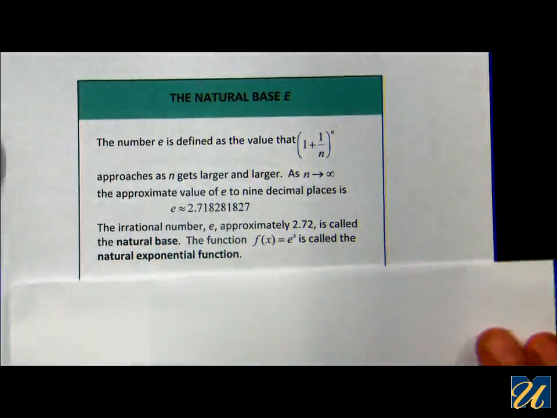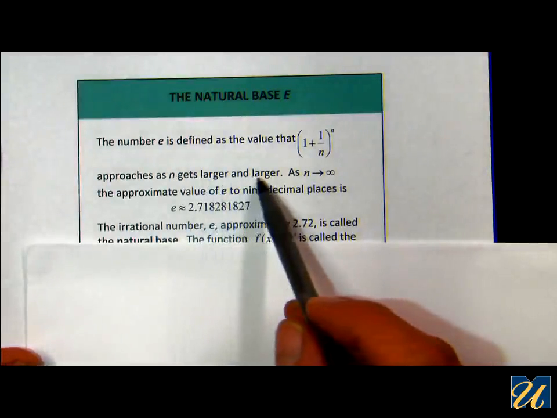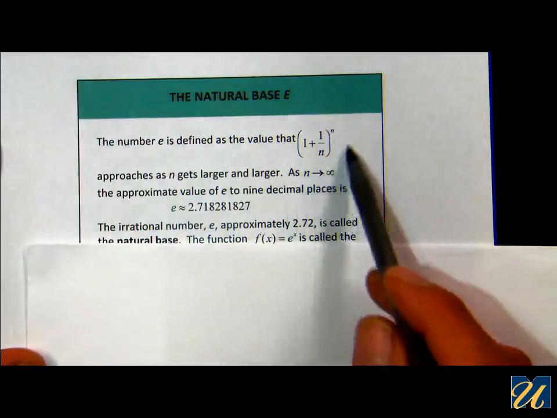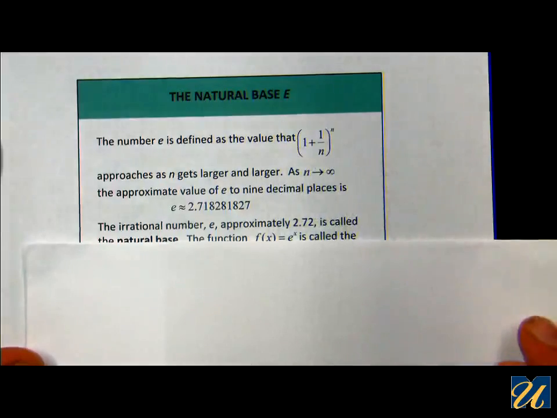The statement here for the definition says that (1 + 1/n) to the power n, as n becomes larger and larger, in other words, as n approaches infinity, yields a particular number. This does not get bigger and bigger without bound.